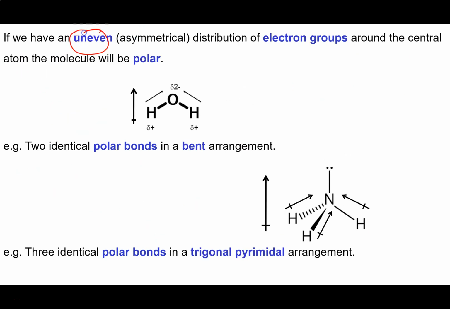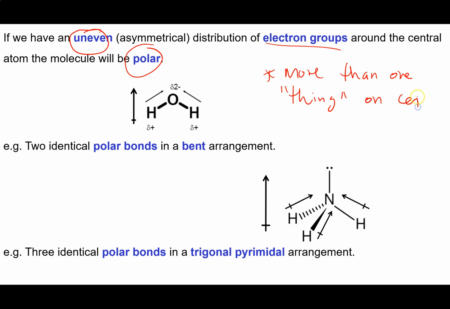However, if we have an uneven distribution of electron groups around a central atom, our molecule will be polar. So what I mean here is more than one thing on the central atom. That's going to give it that asymmetry.